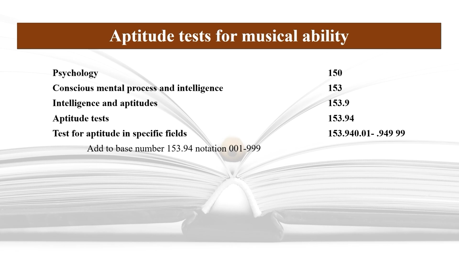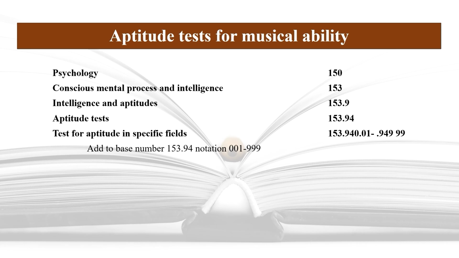Here the add note tells us to add to the base number 153.94 the notation 001 to 999. So for all kinds of musical ability you have to use this particular number, and then as per the instruction we have to add the number for type of aptitude test. In this particular case it is musical ability.